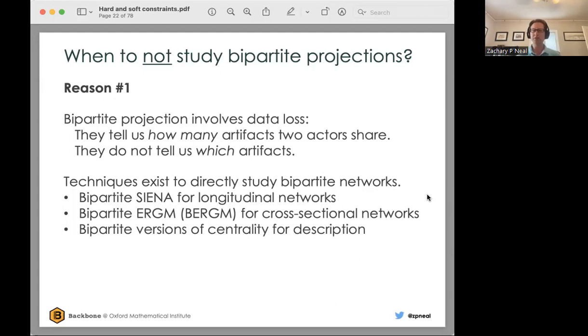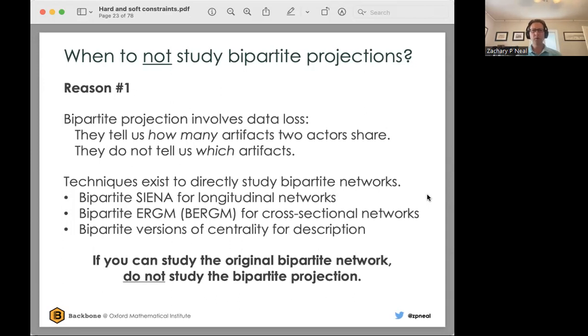And even if we're just looking to describe networks, there are bipartite versions of centrality and all sorts of other conventional network metrics. So here we just want to keep in mind, if we can study the original bipartite network, if our research question is answerable at that level, there's no need to move to a bipartite projection because we've already lost some information at that point.